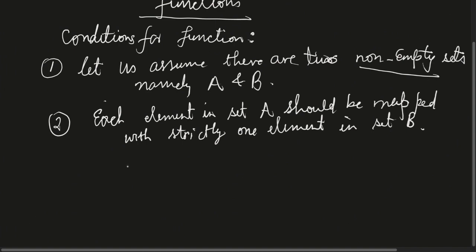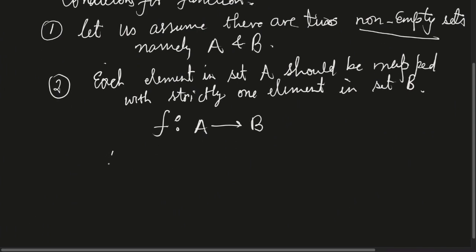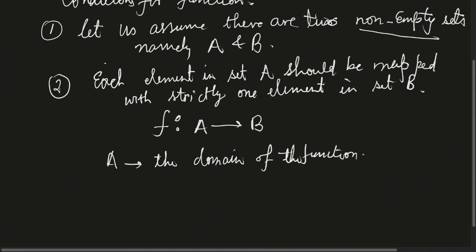And before moving forward and clarifying this point, let us see some notations. A function from A to B is denoted as f from A to B, where A and B are two non-empty sets, and A is called the domain set of the function, and set B is called the codomain set of the function.